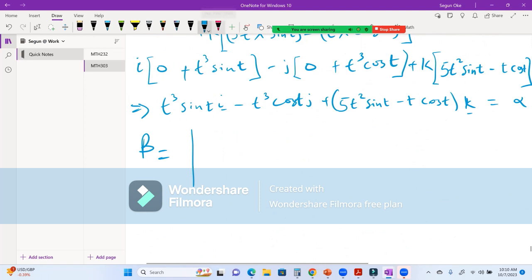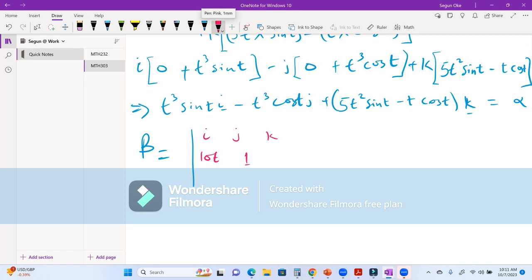So our beta will be i, j, k, which is 10t, 1, negative 3t squared. Then sine t, minus cos t, 0.